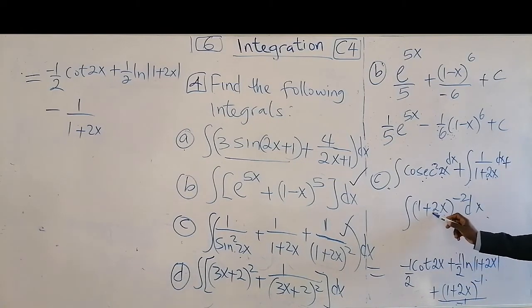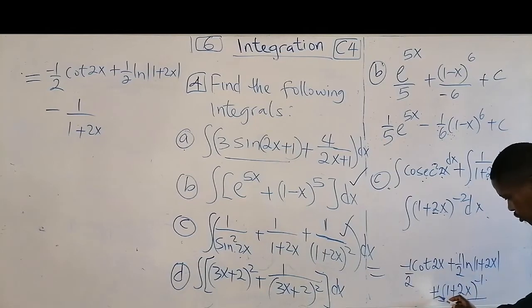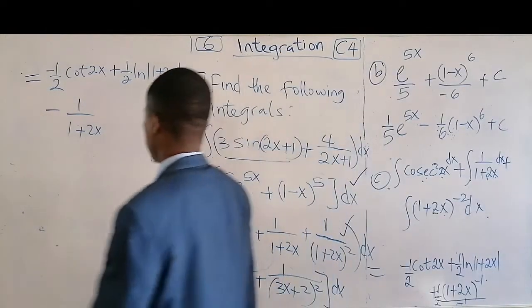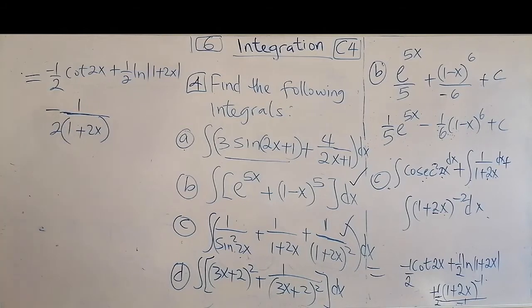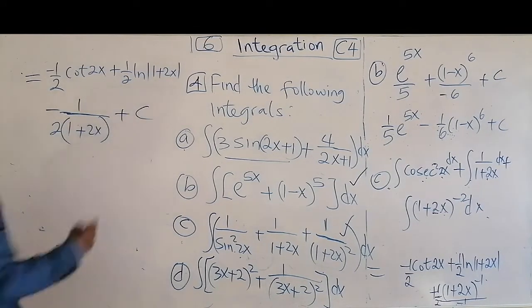Then you divide by the attachment to the function, so that's 1 over 2. 1 over 2 will be there, so in this place we have times 2. Then plus c. So that's that on that c part.